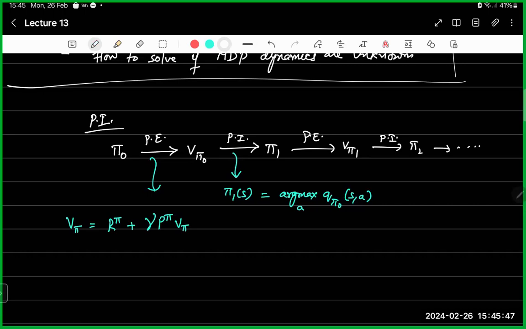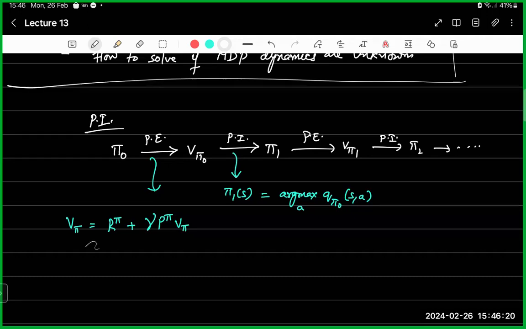One way is to use this equation and solve it in Ax equal to B form. But as I mentioned, taking an inverse for a large state space may be difficult. Because of that, we came up with an iterative algorithm, right? What was that iterative algorithm? You start with some arbitrary V naught, and then you keep applying this iterative form.